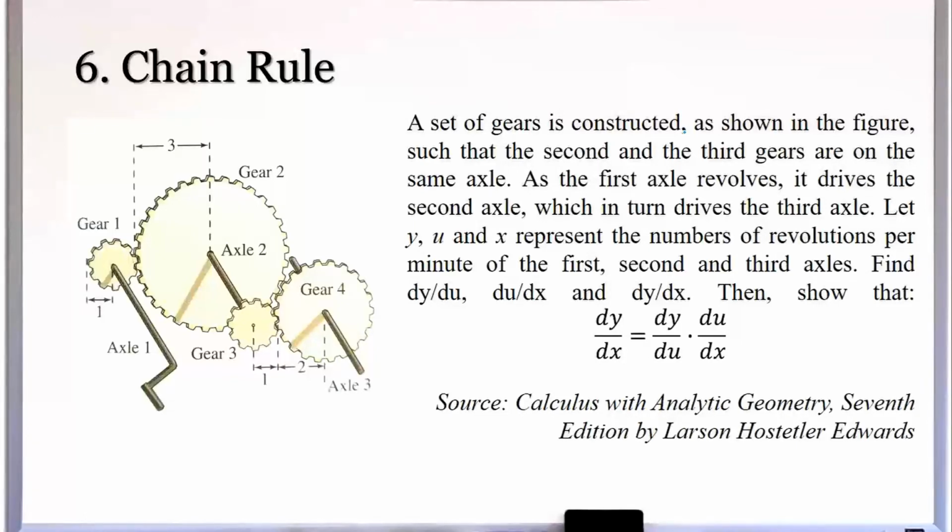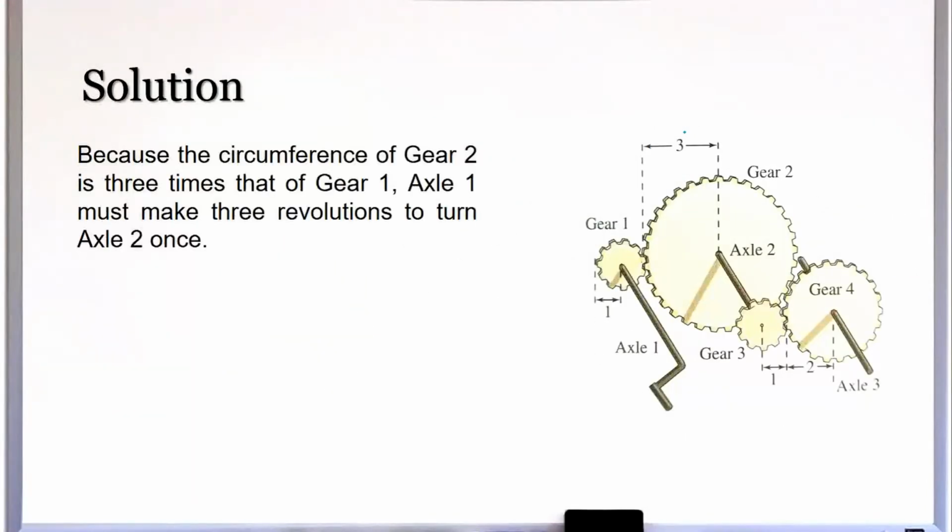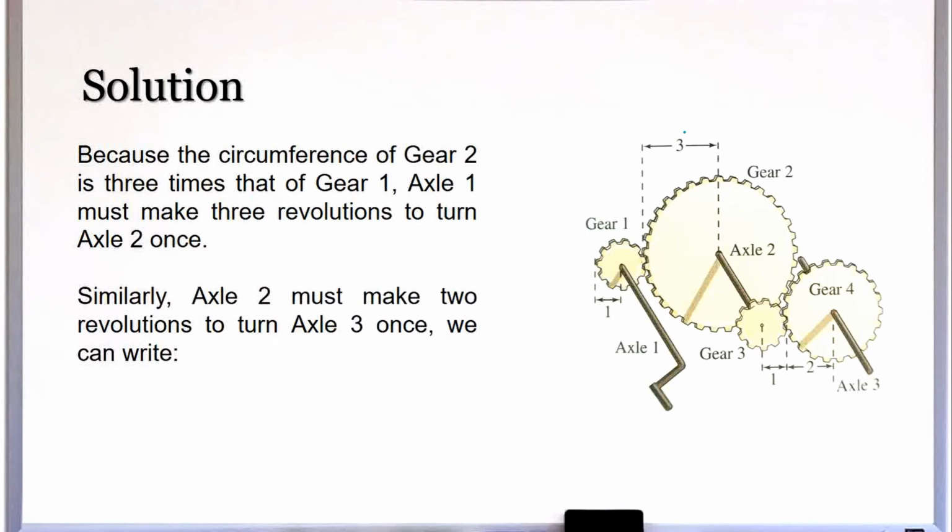Alright, to solve this question, because the circumference of gear 2 is 3 times that of gear 1, axle 1 must make 3 revolutions to turn axle 2 once. Similarly, axle 2 must make 2 revolutions to turn axle 3 once, so we can write dy/du equal to 3 and du/dx equal to 2.